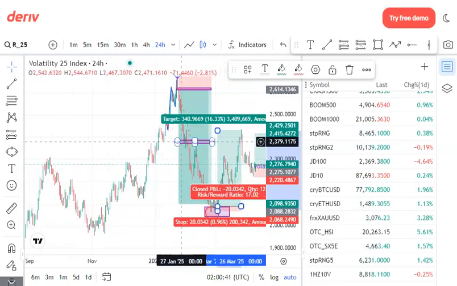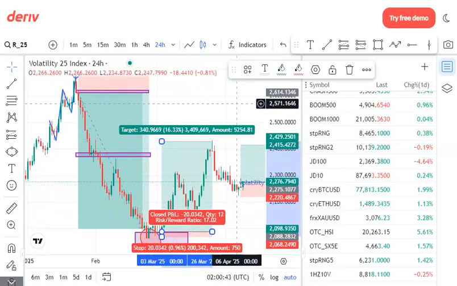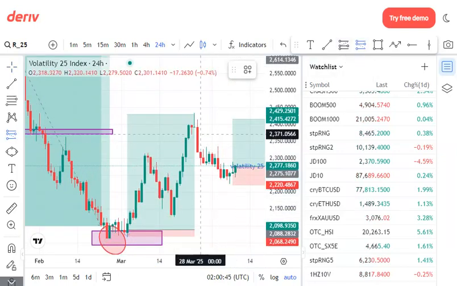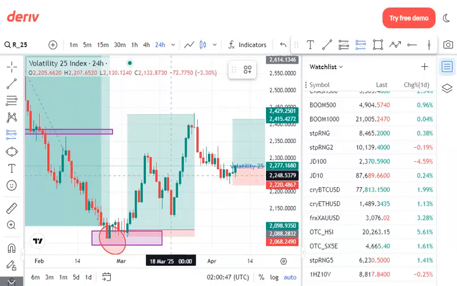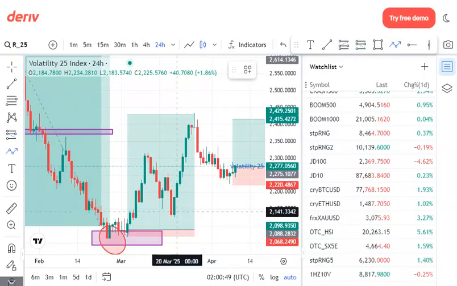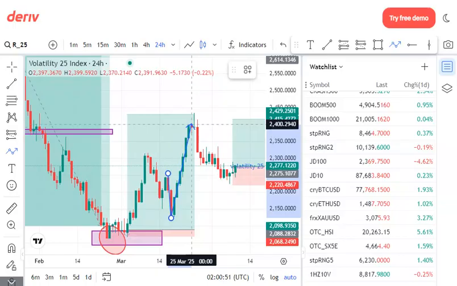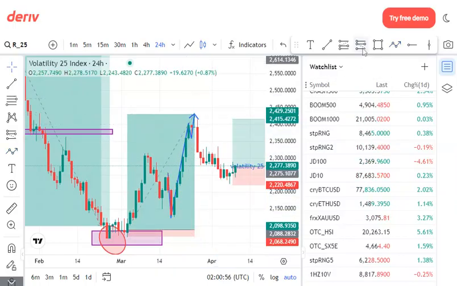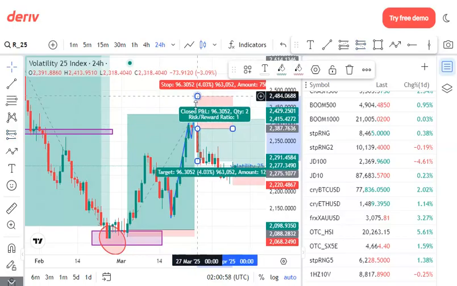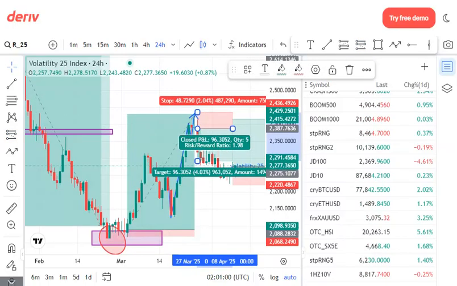And after going to the 24-hour time frame, we saw an entry. It was a sell entry. The W was formed, and so a sell was signaled. And after a sell was signaled, we would have sold at this point.